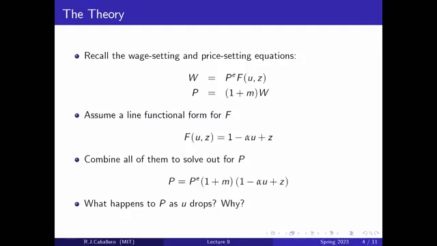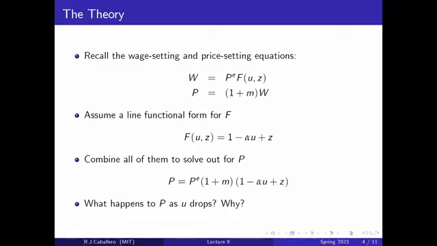Remember that we had, actually in the previous 2 lectures, a wage setting equation: W equals expected prices times a decreasing function of unemployment and an increasing function of z, the institutional variables, meaning labor market institutions supporting workers. And then we had a price setting equation, which was simply the wage marked up, where M is a positive constant. So let me start from these 2.